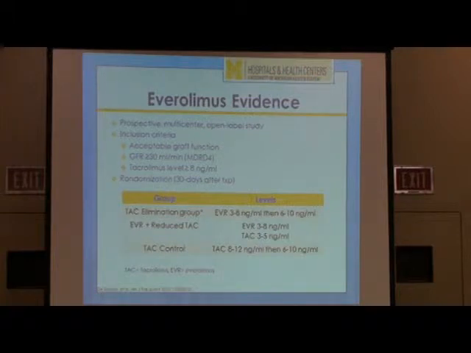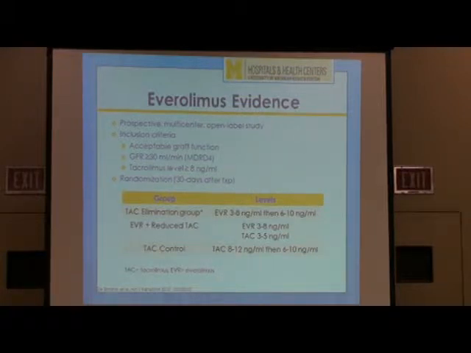These patients were randomized to 3 groups after 30 days, and the first group was the tacrolimus elimination group. In this group, they were started on everolimus, and their levels initially were 3 to 8 nanograms per mL. Then at month 4 after transplant, they withdrew the calcineurin inhibitor and increased the everolimus levels to 6 to 10.